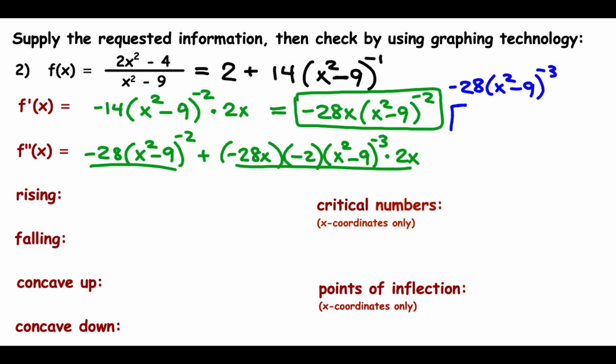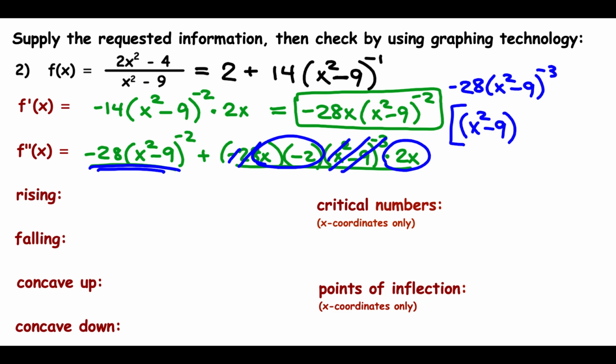Let's see what that leaves us with inside some brackets. I've taken out everything except we're going to have an x squared minus 9 remaining. I can put parentheses around it if I want to. It's not necessary, but I think I will. Over here, we've taken out the negative 28 and this, but we still have a negative 2x times a positive 2x. That'll be negative 4x squared.